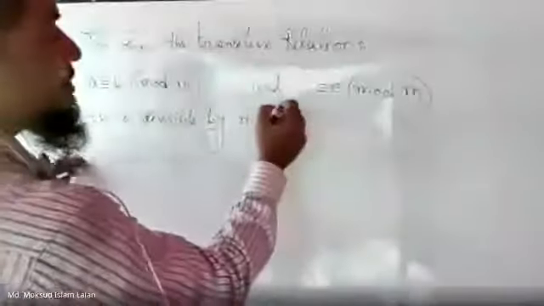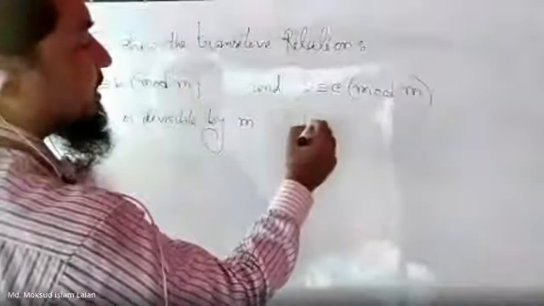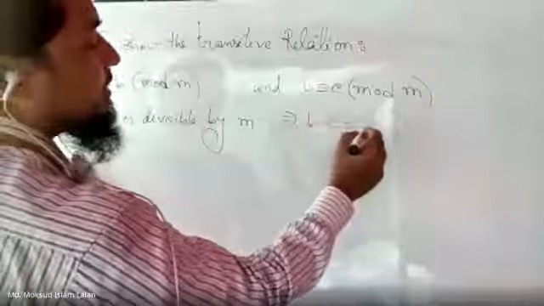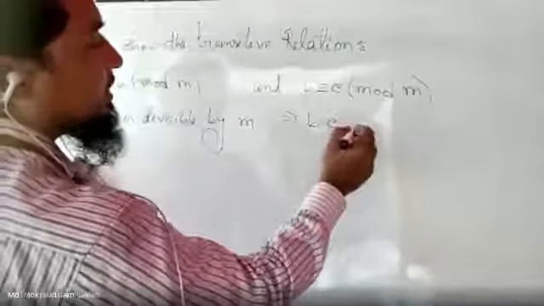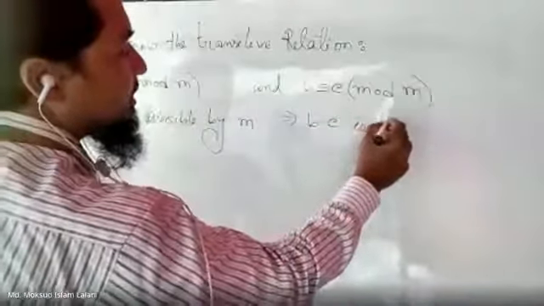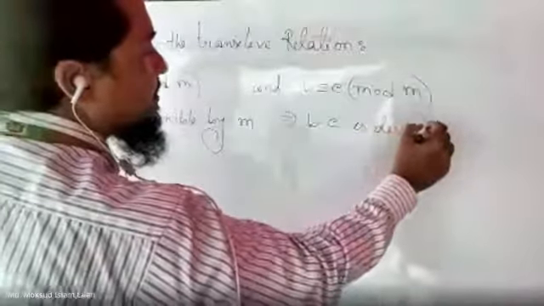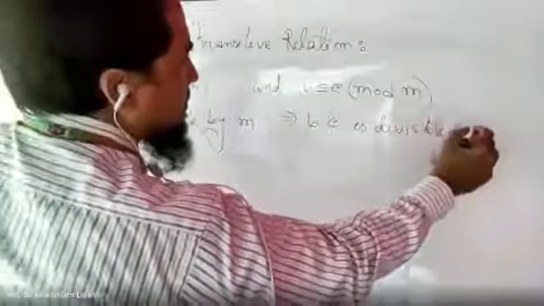And BC means what? This implies that B minus C is divisible by M. Okay?